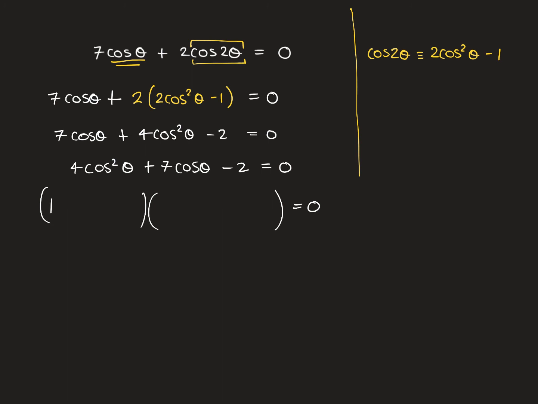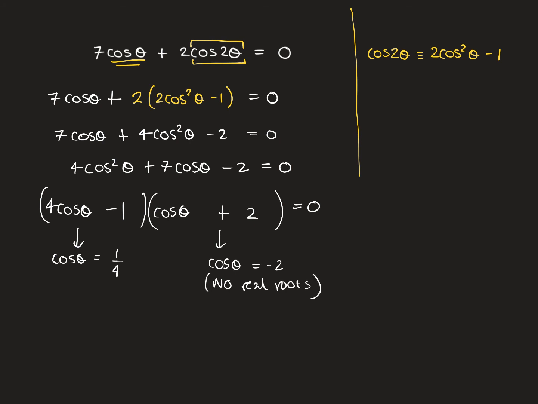So this is going to be 4 cos theta, and then we want plus 2 minus 1. And always check back in your head that you have actually factorised correctly. So this tells me that cos theta equals a quarter, and this part tells me that cos theta equals negative 2, which has no real roots. So there's nothing more we can do with that section there.